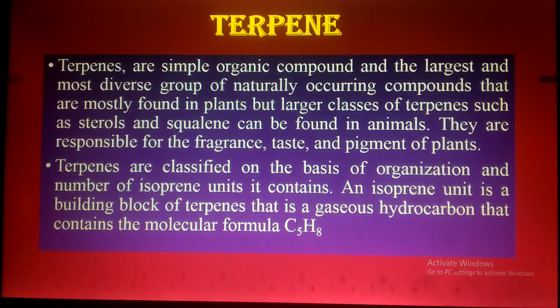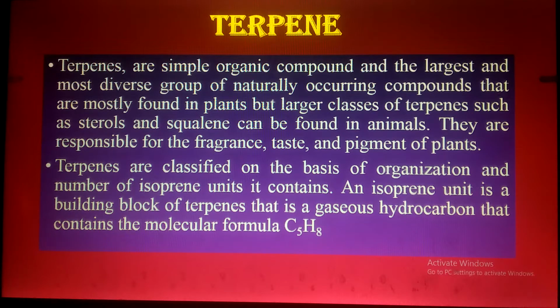terpenoids. So terpenes are classified on the basis of the organization and number of isoprene units they contain. An isoprene unit is the building block of the terpenes, like the fatty acids are the building blocks of all lipids, like triglycerides and phospholipids.